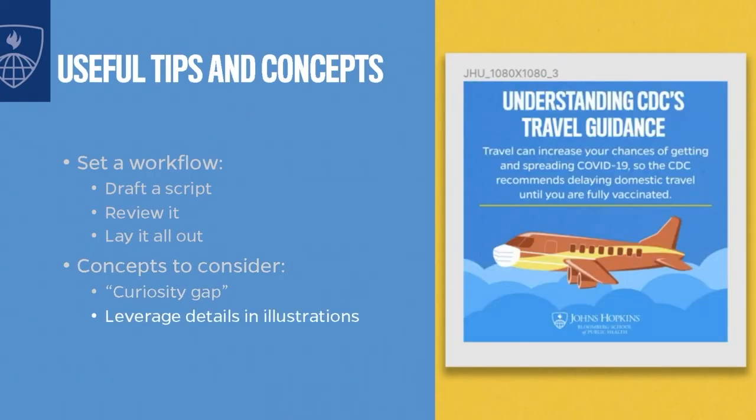With illustrated content, such as the example from another post on the right, you should also think about how small details in the illustration can make your content more interesting. The top half of this graphic is about the CDC's guidance on domestic travel, and it would not be particularly interesting to people ordinarily. But the fact that we added a face covering to the airplane is unexpected, and that sort of unexpected detail can catch someone's attention.